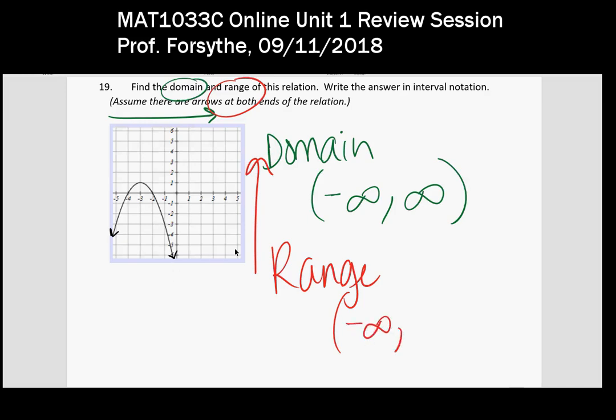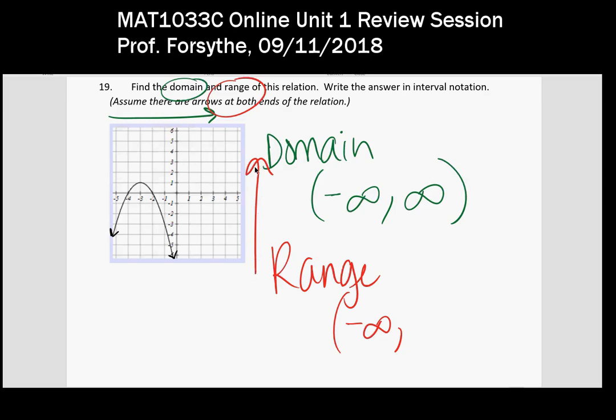Very good. And then it's going to go all the way to, does it go on to positive infinity, or does it actually stop at a certain point on your y values? Remember, range is your y. It's going to stop at 1. Very good.